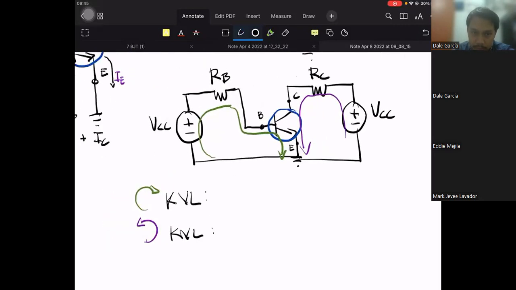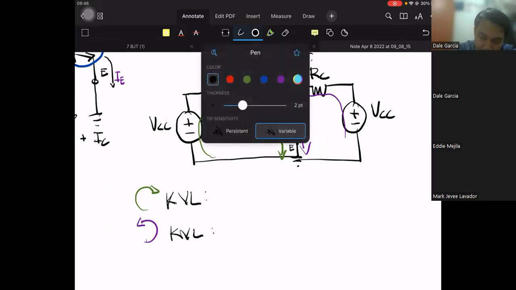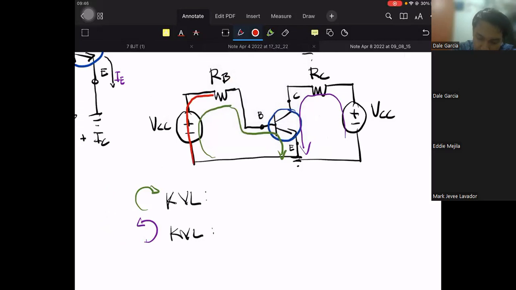If mag-KVL ta sa left na part, try to observe as VCC minus the voltage RB minus voltage VBE, then ground naman, so equal to 0.